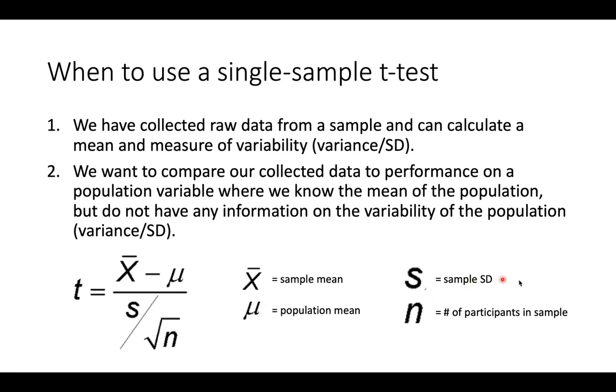So we have some work to get this S. Thankfully, we already know how to derive S, right? From our section on variability. We know how to take raw data and turn it into a standard deviation. So once we do that, we will have all 4 terms that we need, and then we just do some simple math and we have our t-value.